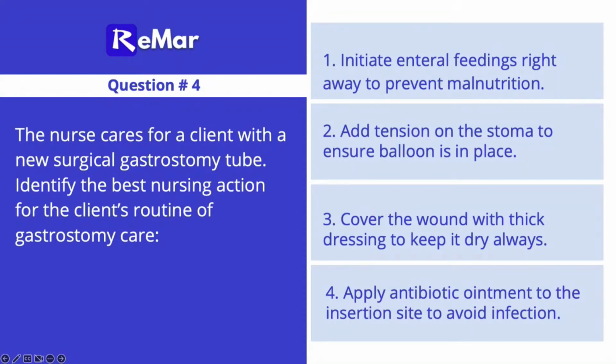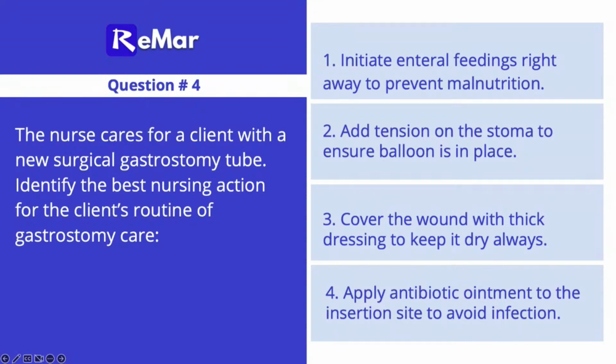You got a new surgical appliance. Adding tension to the stoma. Why would we add tension? That means we're pulling on it. That means we are manipulating a new surgical tube. Do we want to do that to ensure that it is in place? A lot of people pick number 2. Number 2 is dangerous. We don't want to do that.